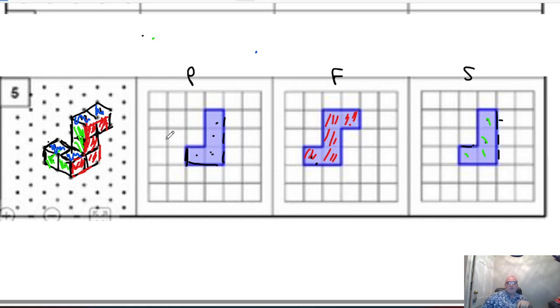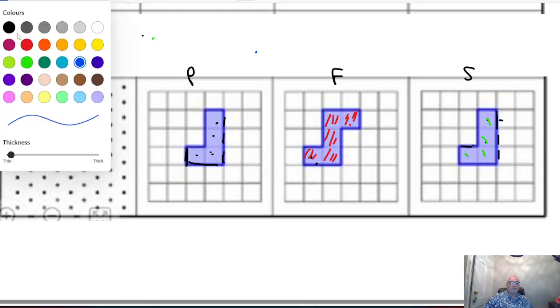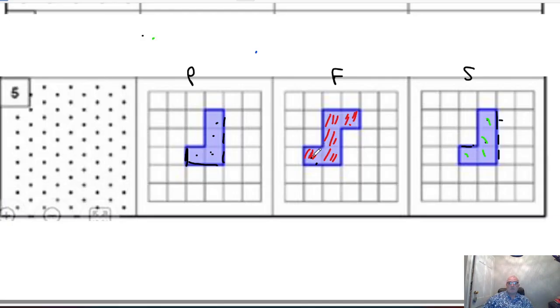So as a rule of thumb, you can start with the plan elevation, but you're going to have to be rubbing some of that out because we don't know which level that plan elevation is on. Okay, we can see it. Okay, so just the front elevation this time. So we've got 1, 2, 3, 4, 5. So let's go across 2.